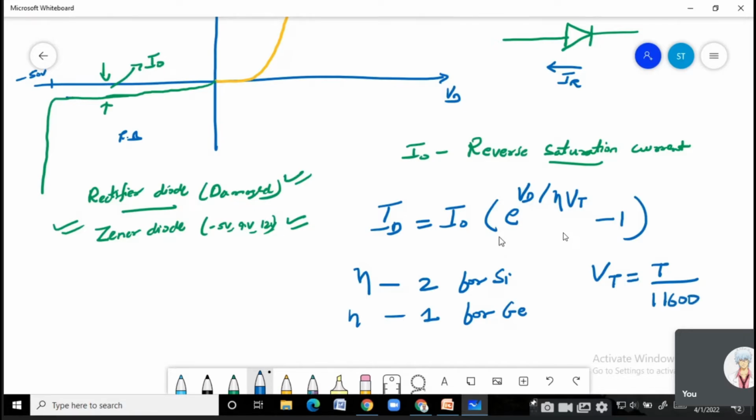Whatever you get here is called the volt equivalent of temperature, having a unit of volt.